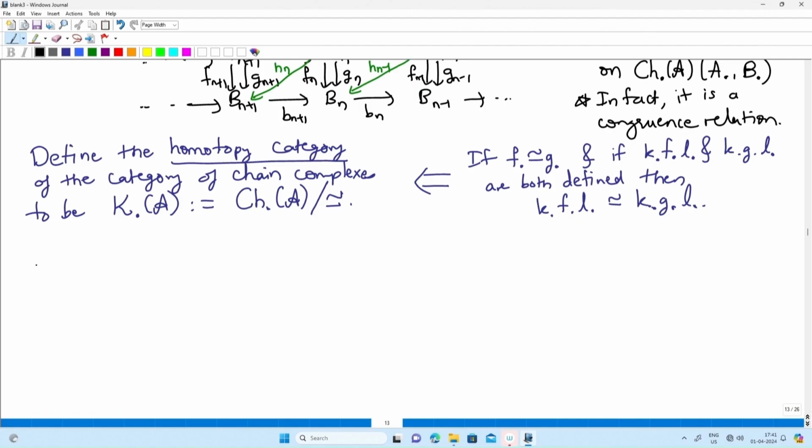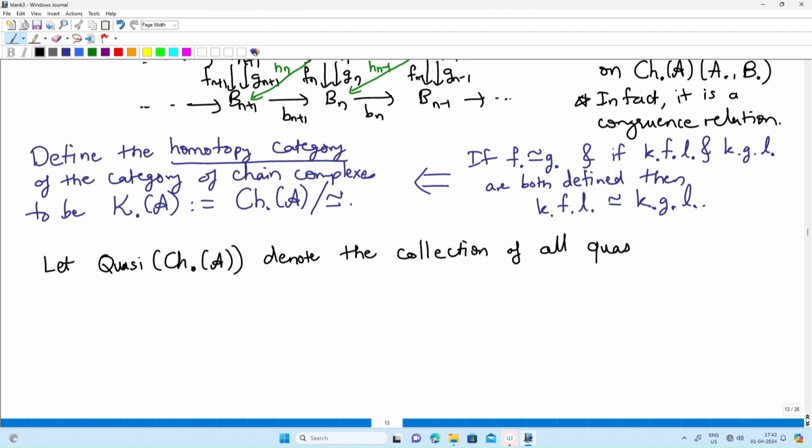Let Quasi of chain complexes denote the collection of all quasi-isomorphisms between chain complexes.